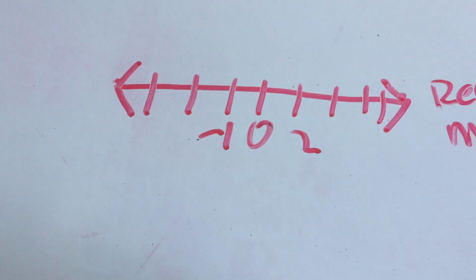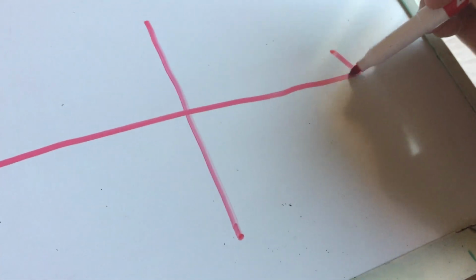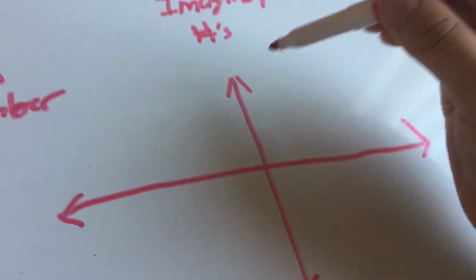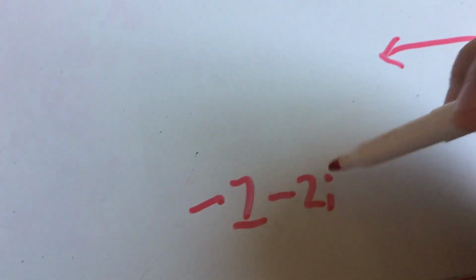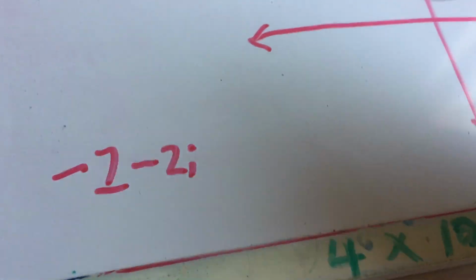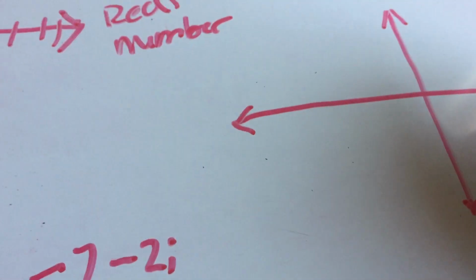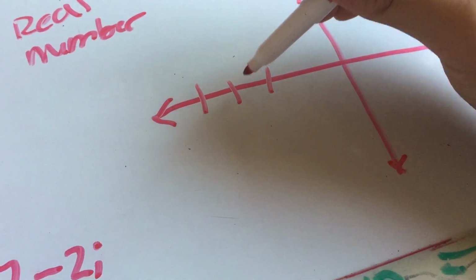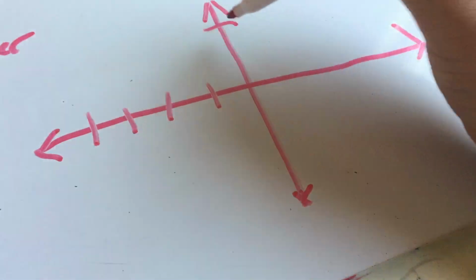For example, let's plot -1 minus 2i. So we know -1 is a real number. Let's draw some lines.